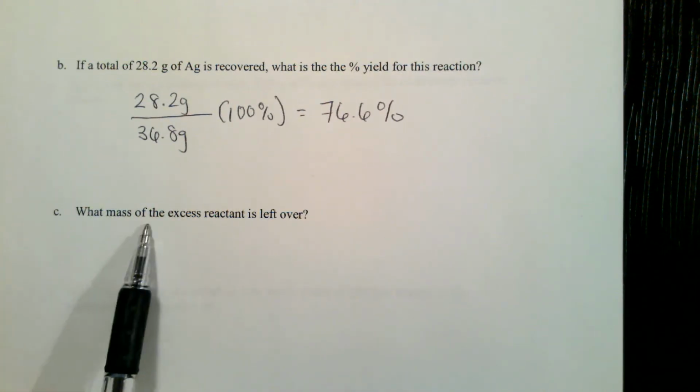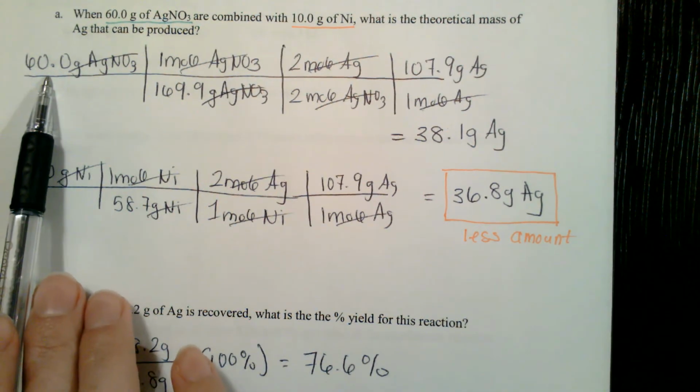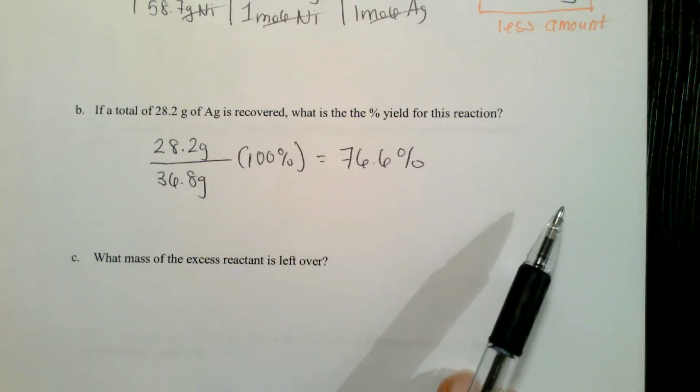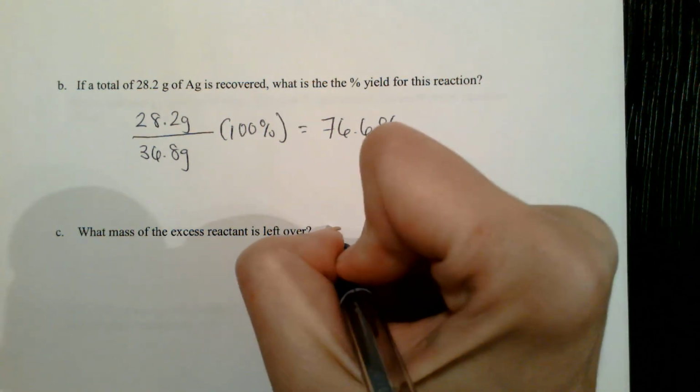Okay, so now this last part asks what mass of the excess reactant is left over. The nickel was our limiting reactant, so they want to know, of this 60 grams of silver nitrate that we had, how much of it is now left over. I'm going to put a little definition here that we're going to use.